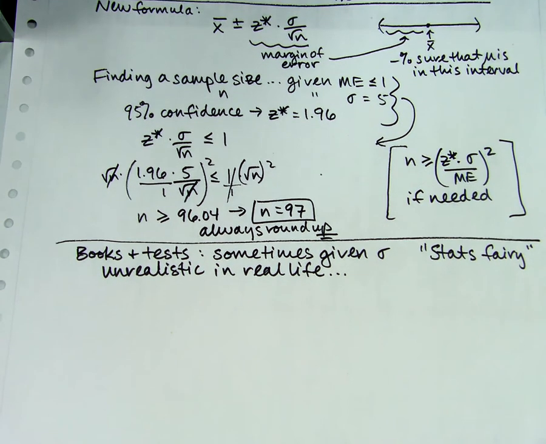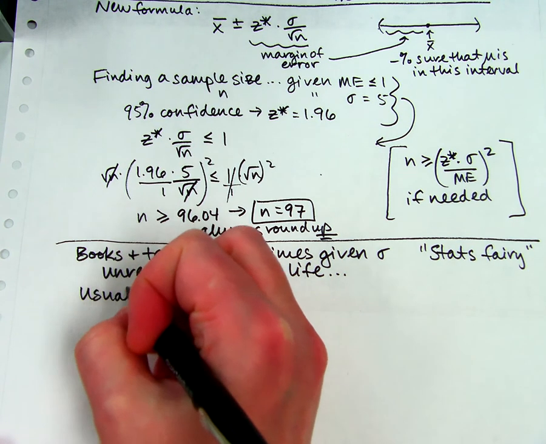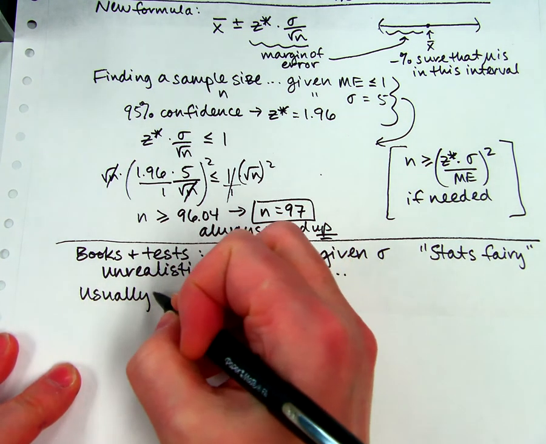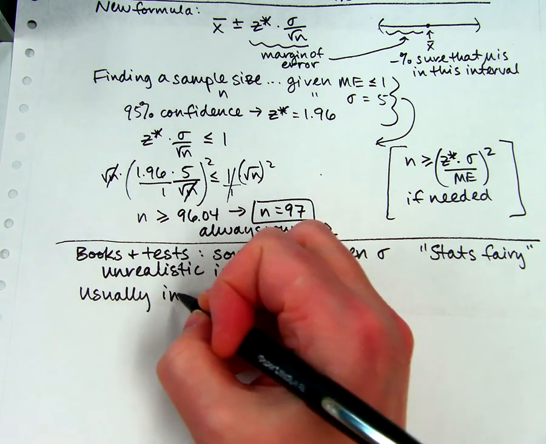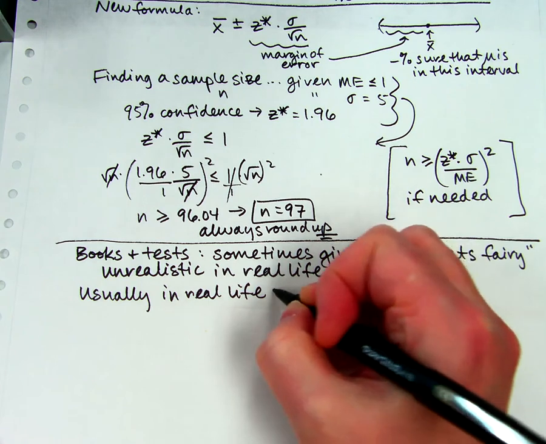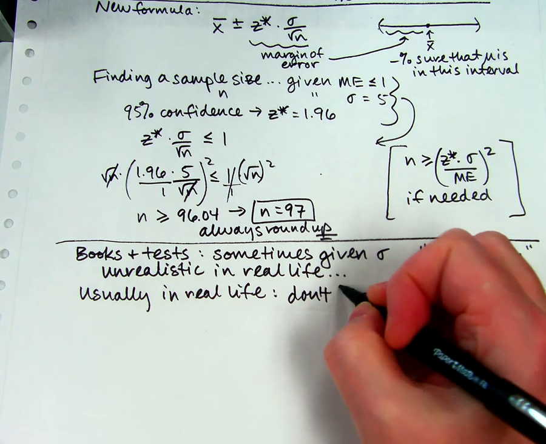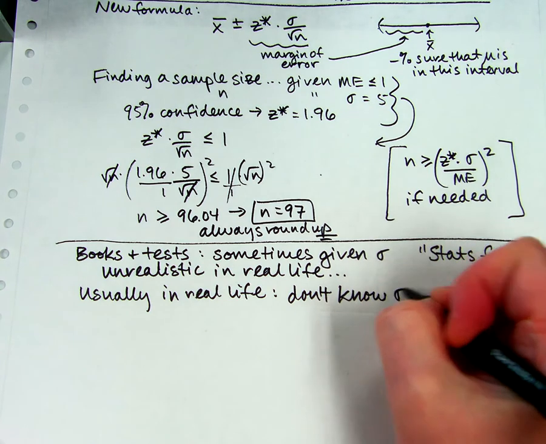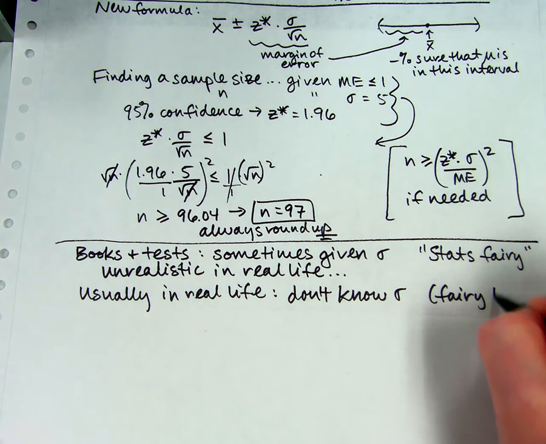And I'm just going straight there. Usually what happens in real life is we don't know this. So I'm going to say the stats fairy is really hard to get a hold of. She takes days off all the time. In real life, she's not going to show up. She's not going to show up during the AP test. I'm sorry. Usually we don't know sigma. The fairy is lazy, or the fairy is taking a day off.